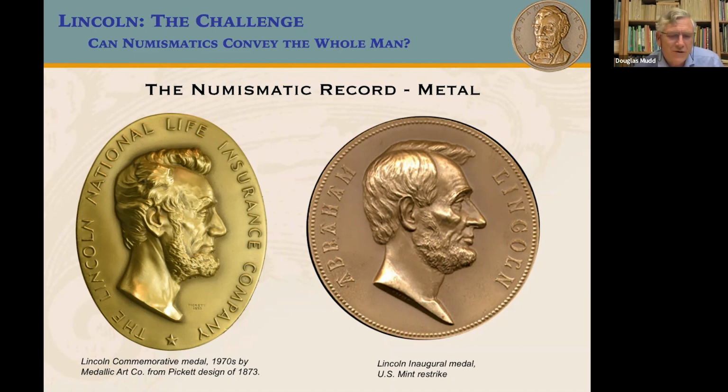It shows all of his features pretty accurately, but there's a lack of feeling in this. It's got less of a human sort of look to it, and more of an impression. So it doesn't seem to capture much other than the parts of how Lincoln looked without creating a whole view of a person.